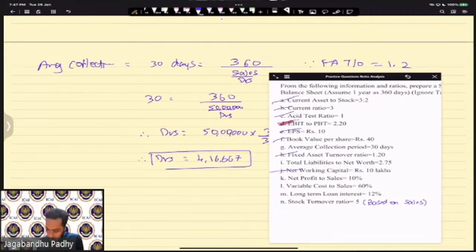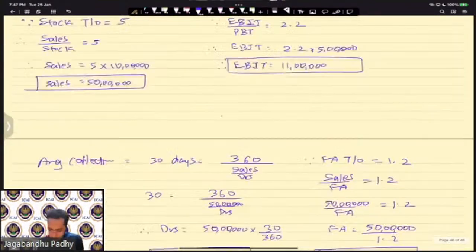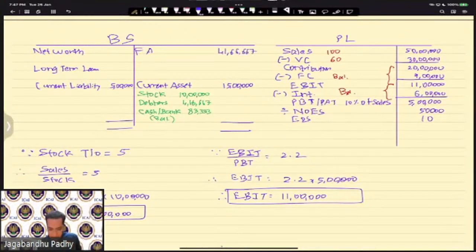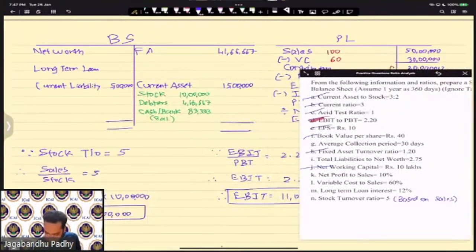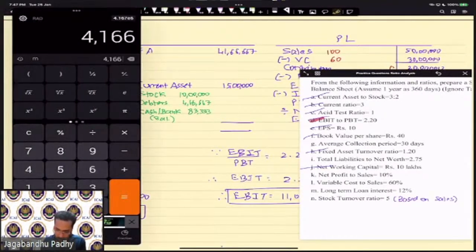Fixed asset turnover ratio is used, so we get a fixed asset of 41,66,667. Over here, fixed asset is 41,66,667. Okay. Then, of course, the total of this will be our total of assets, 41,66,667 plus 15 lakh.